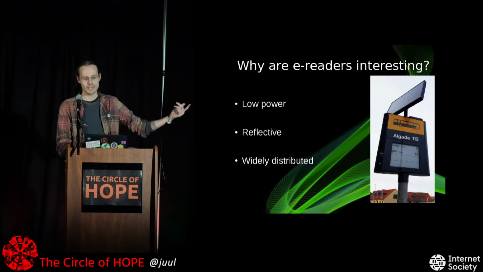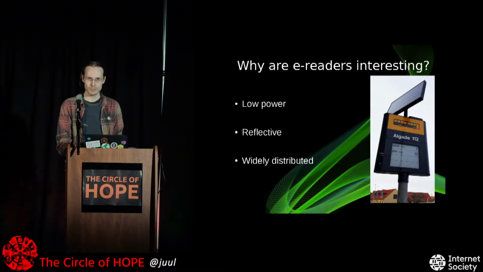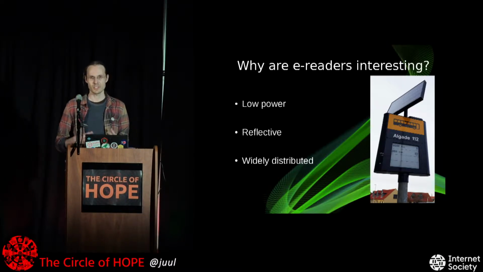Here on the right-hand side, you can see an example of people using electronic paper for interesting stuff that's not just e-book reading. This is a bus stop in Denmark out in the countryside with a solar panel on top. It's probably like 50 watts or less, and it's updating at least once a minute, showing when the buses are arriving.